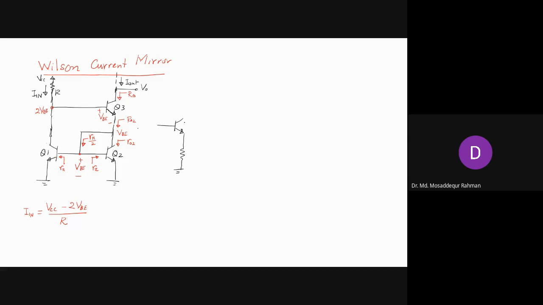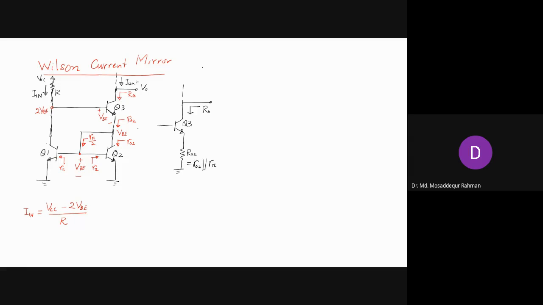This is our Q3 transistor. So on the output side, looking from here, r naught. And this is our resistance R02, which will be the parallel combination of r naught and R pi by 2.